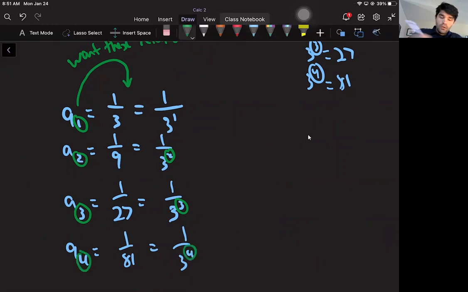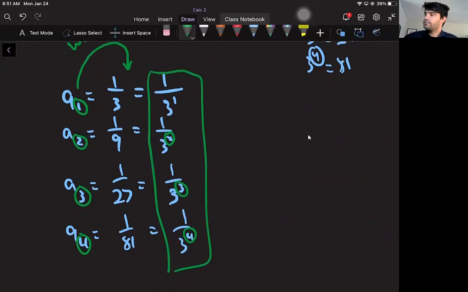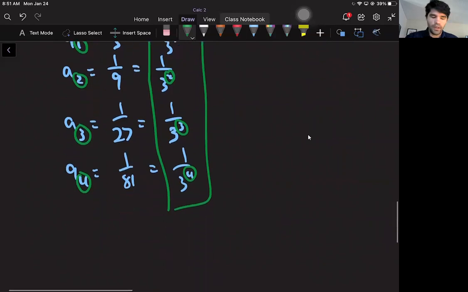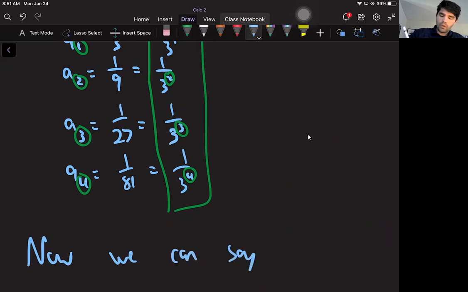So by writing the terms in this way, I can establish the pattern much more easily. And I can now figure out the nth term, again, is what I'll call this.